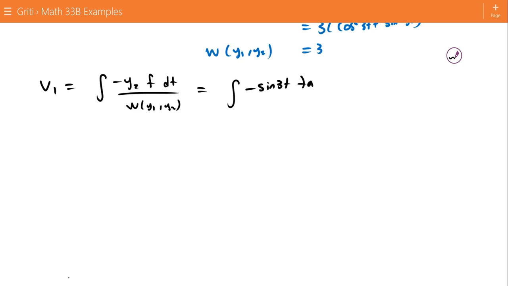The forcing term is tangent 3t, and the Wronskian is 3. We can convert the tangent into sines and cosines and factor out the negative 1/3. That'll give us sine squared on top and a cosine on the bottom.